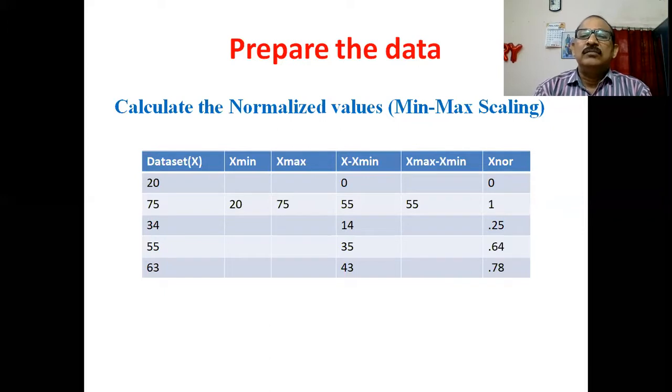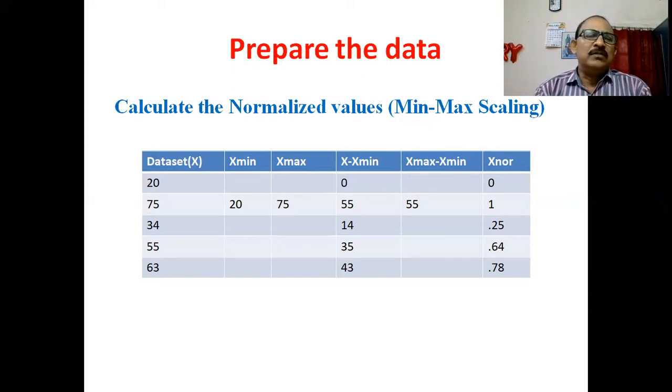And the next column, x normalized is equal to x minus x min upon x max minus x min. So 0 upon 55 is 0, 55 upon 55 is 1, 14 upon 55 is 0.25. This way you can compute the x normalized values of the feature.